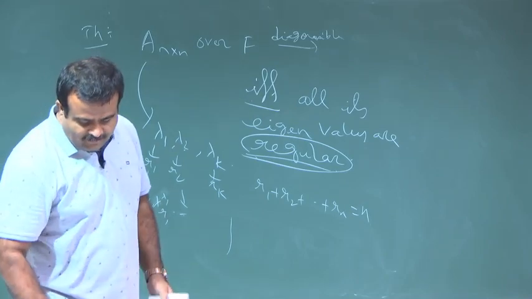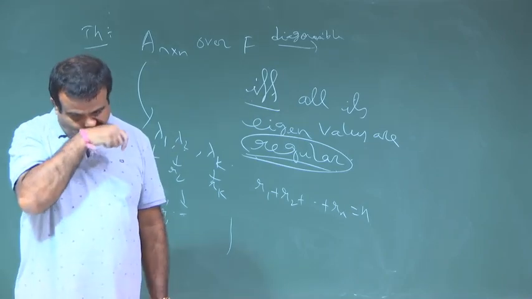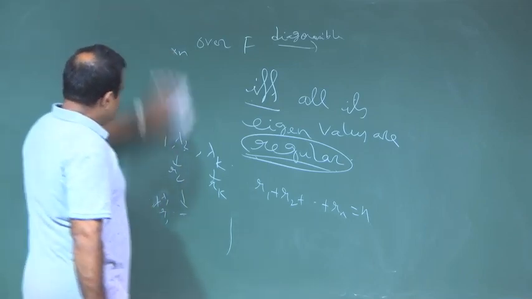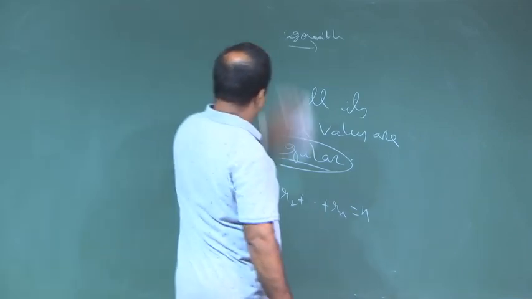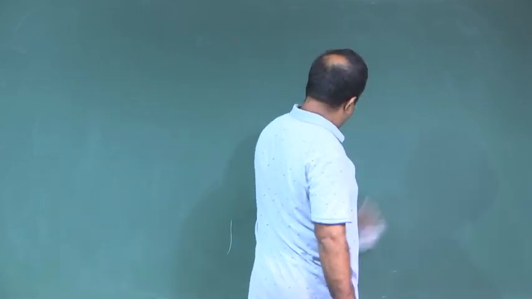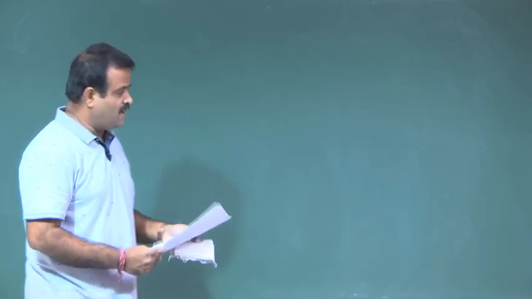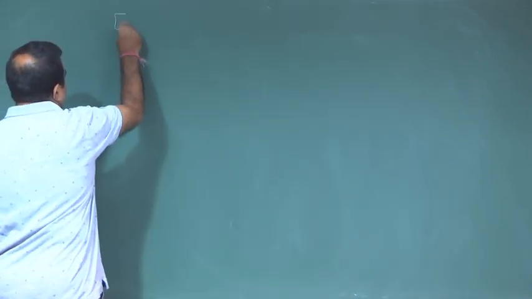So, let us take an example of a matrix A and see whether it is diagonalizable or not. We have to find the matrix P. Again, how to get the matrix P is important.